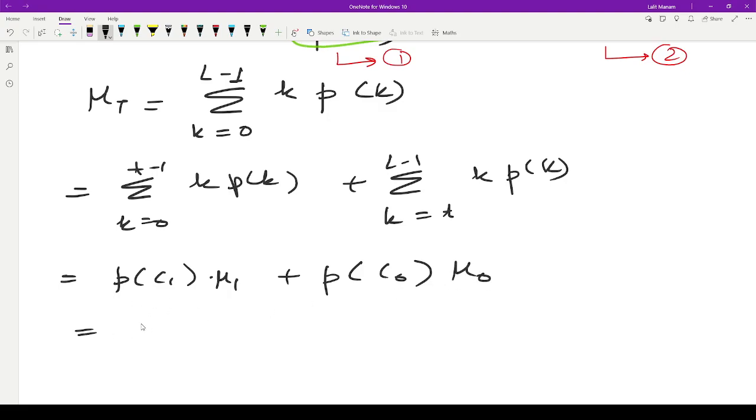Okay, so this is how we defined it earlier: mu t is w1 mu1 plus w0 mu0. So this part is clear: the mean intensity value over all the intensities is just a weighted sum of the intensity values of each class, where the weights are just the probability values.